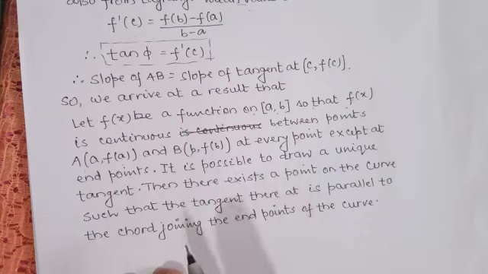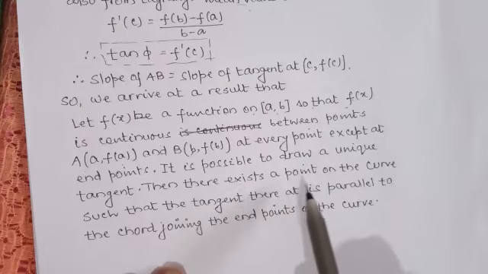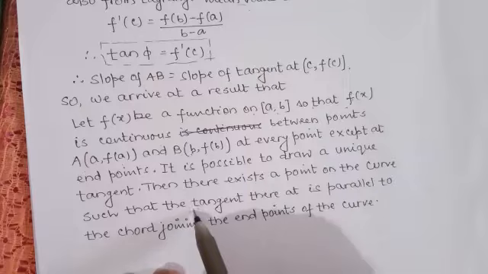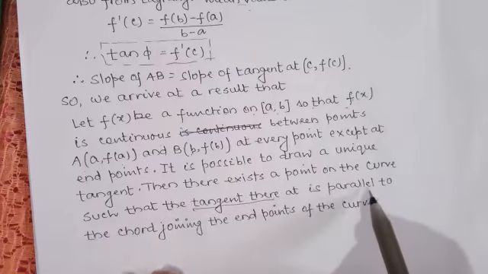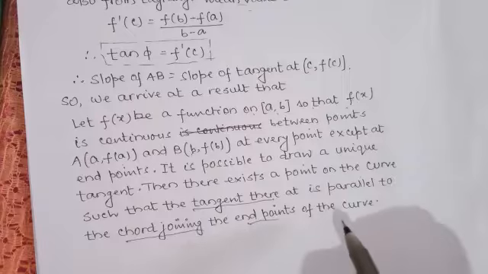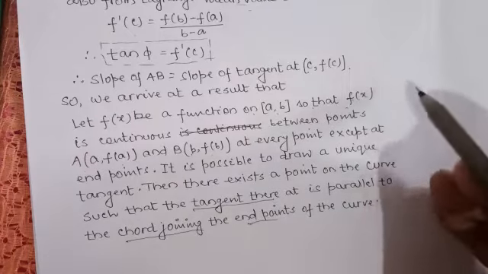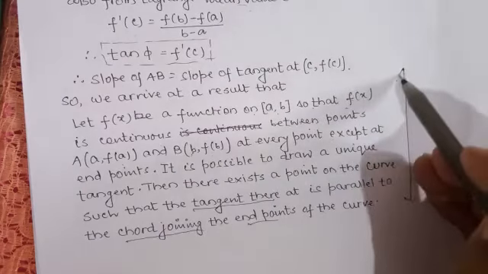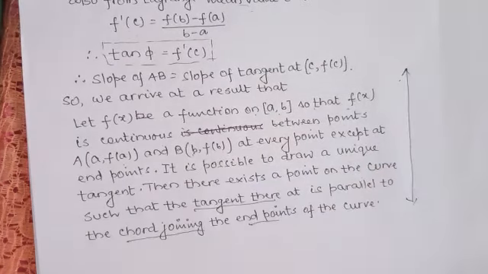Unique means one and only one. Then there exists a point on the curve such that the tangent there is parallel to the chord joining the endpoints of the curve. This is the geometrical interpretation, or geometrical meaning, of Lagrange's theorem.